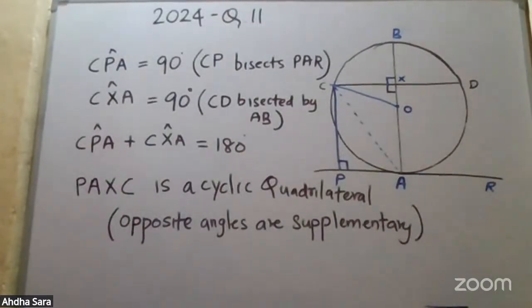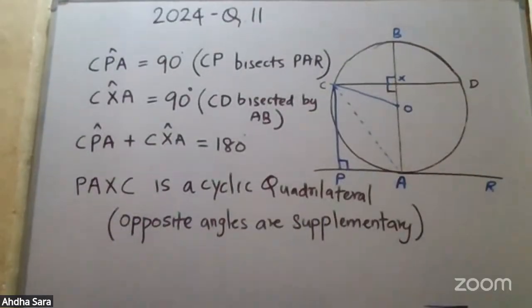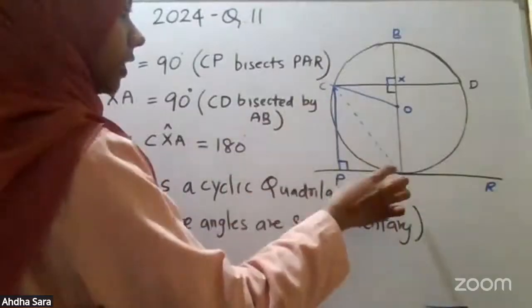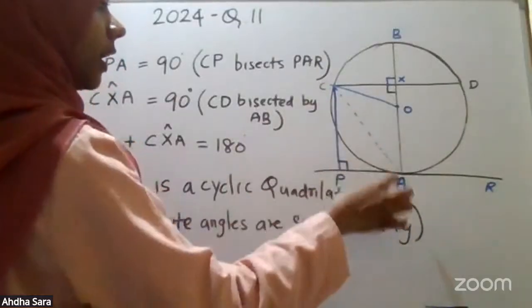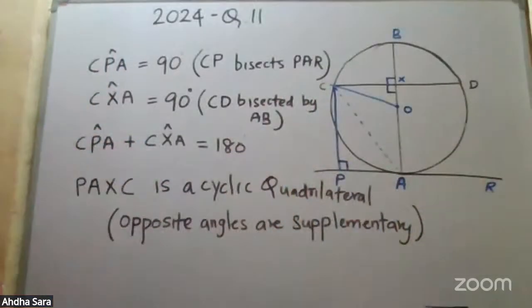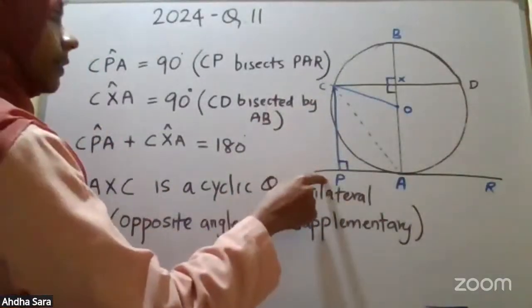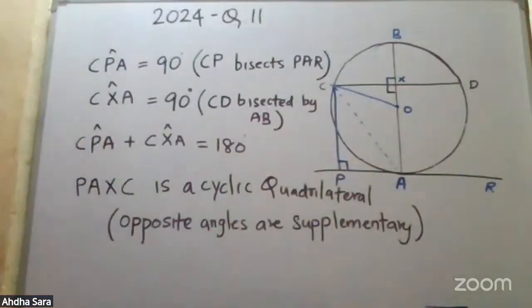Now we have the second part that you have to prove: the chord AC, the straight line that joins AC, is a chord that bisects the angle PCO.